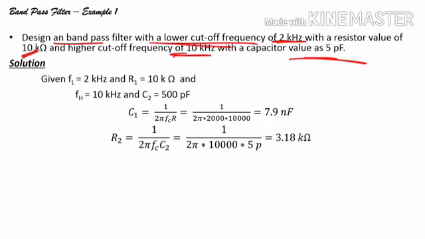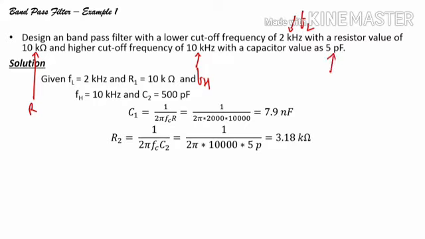FL is given, this is your FL, and FH is given, this is your FH. You are also given R, where is the resistor? Here. You are given C, which is here.